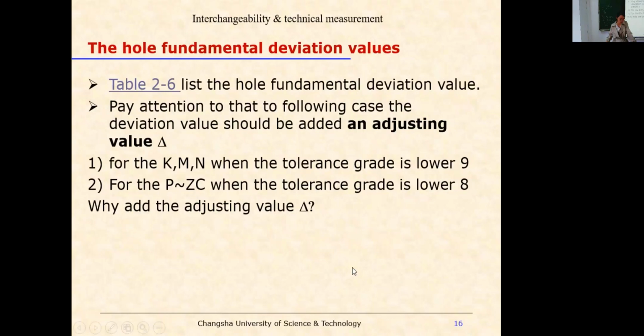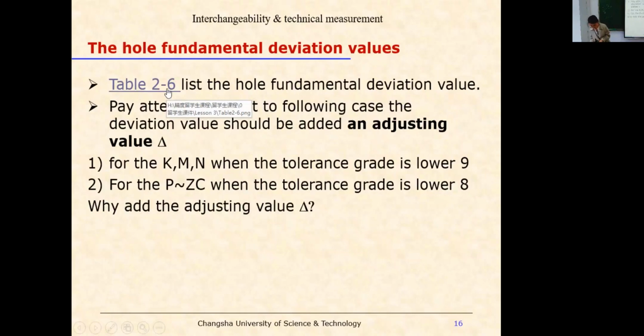And table 2.6 lists the whole fundamental deviation values. I give you an example to find the whole, okay? Like the H7, to find this one for the whole table 2.6. This is 2034, this is for the hole.